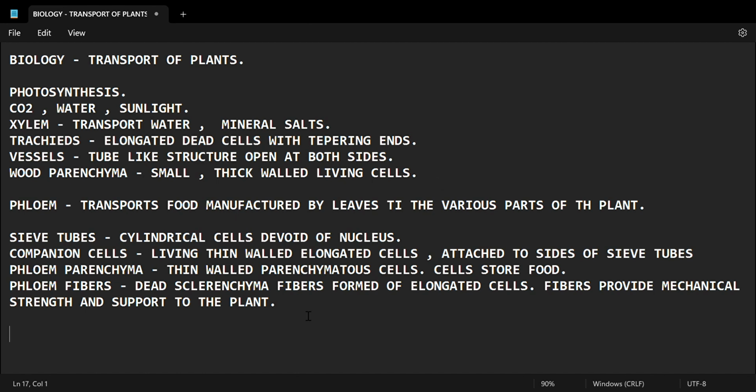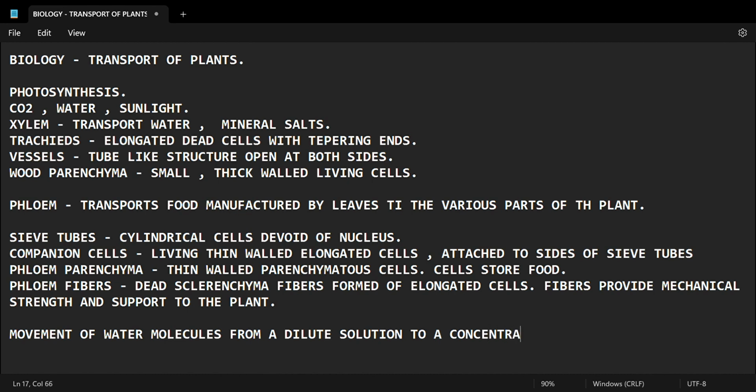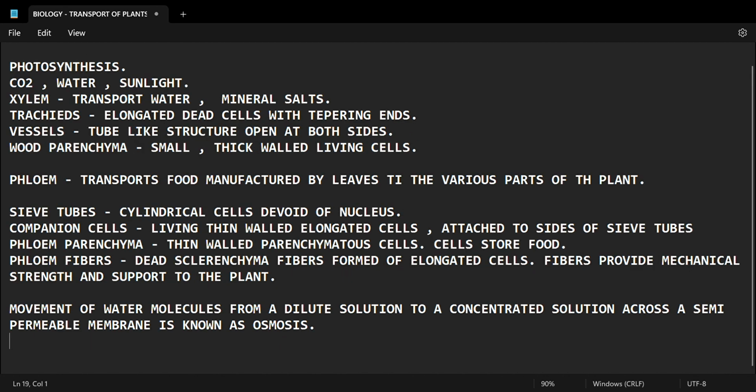The movement of water molecules from a dilute solution to a concentrated solution across a semi-permeable membrane is known as osmosis.